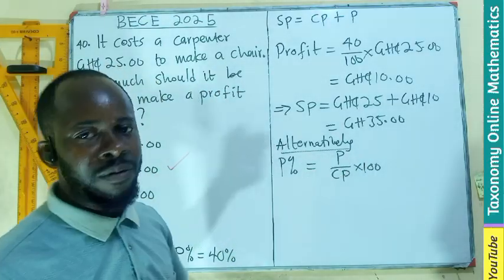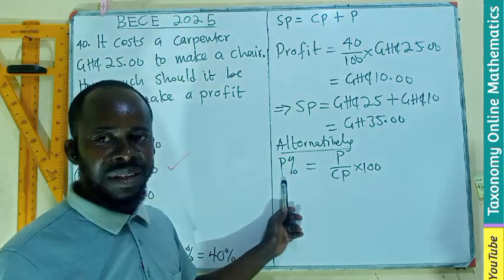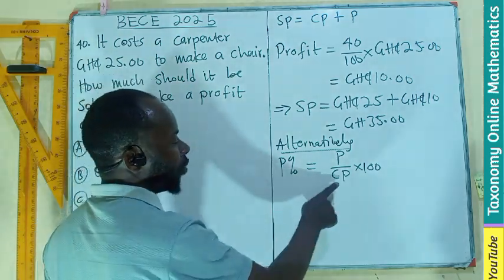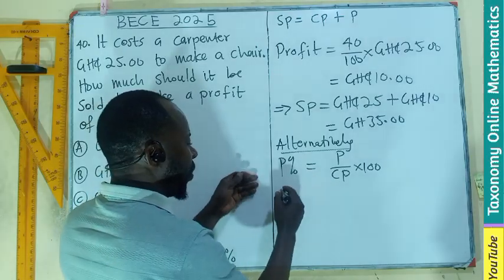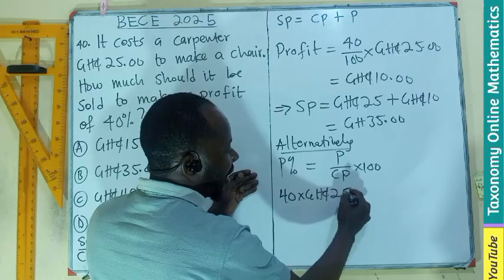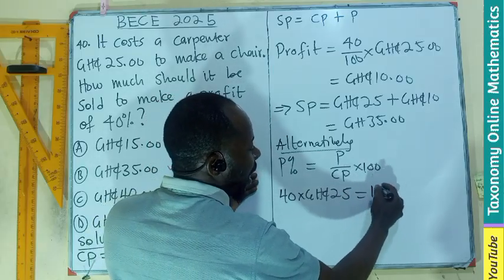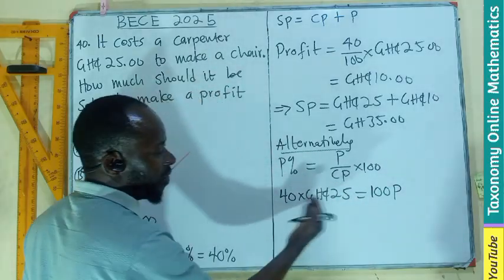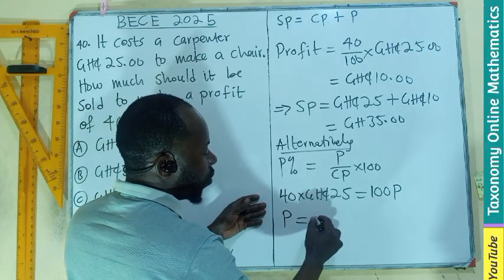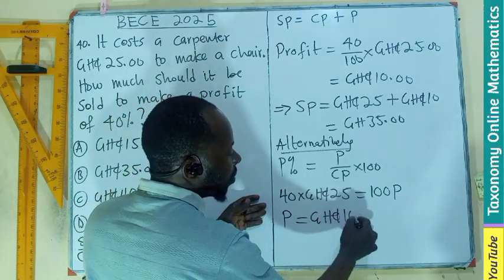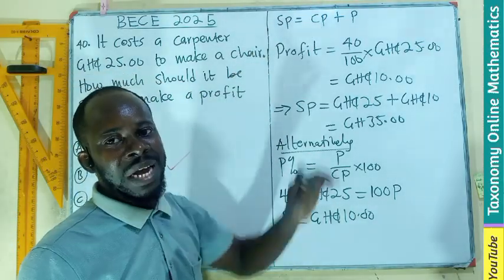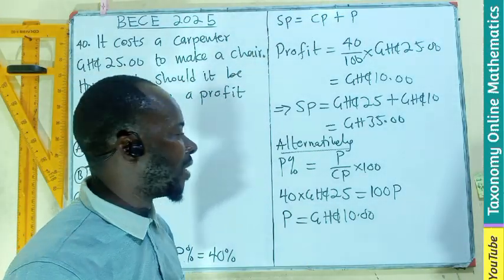In order to find the profit, because profit percent is given, if you cross multiply, it is 40 times 25 Ghana cedis equals 100 times P. Dividing both sides by 100, we still have P equals 10 Ghana cedis. So you go back and add it to that, and that will give you the final answer.